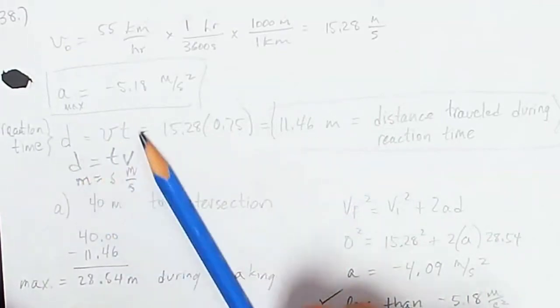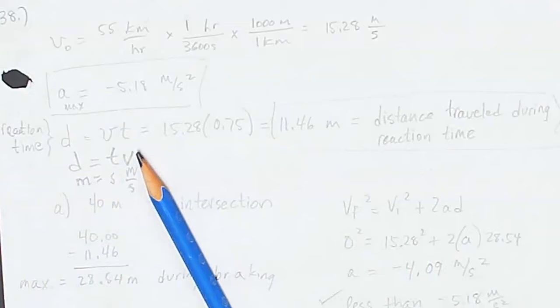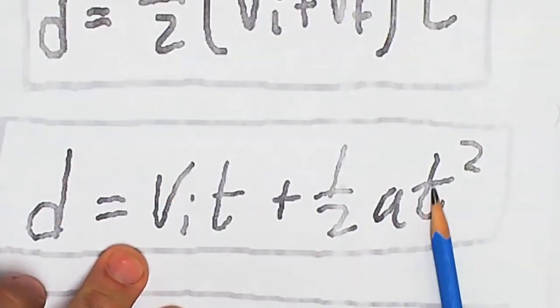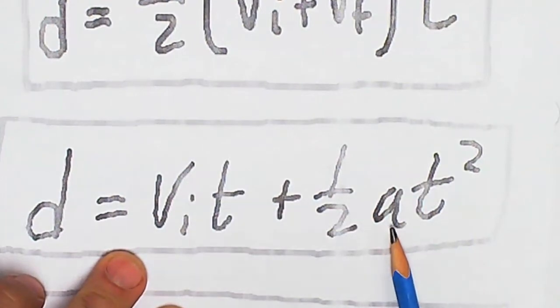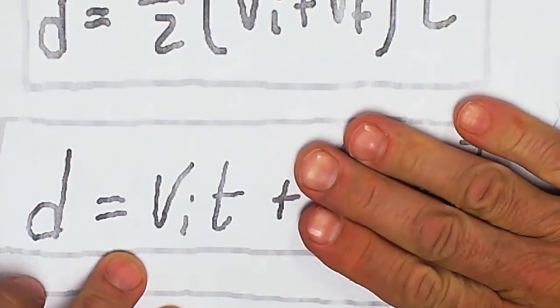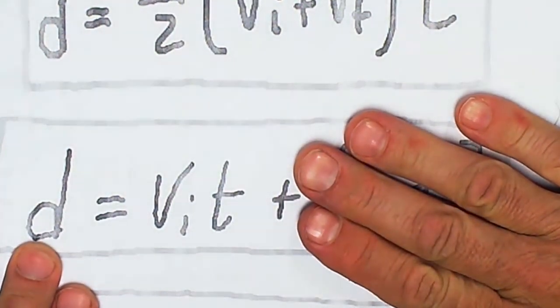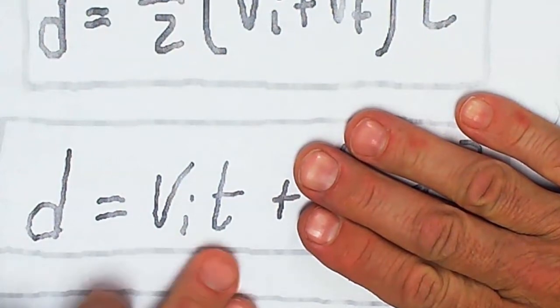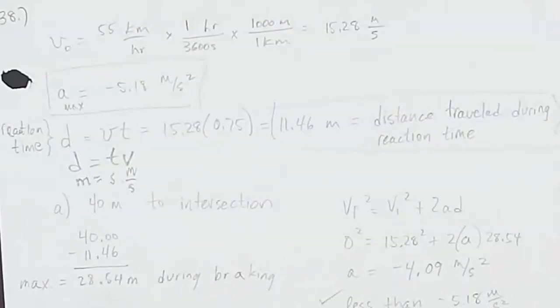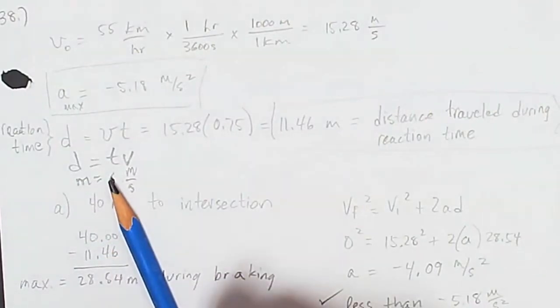Now where did this equation come from? Well, if you look at your equations of motion, if I'm moving at constant velocity, I know my acceleration is 0. So this term completely goes away, and I'm just left with distance is equal to velocity times time. So for things with constant velocity, I can use this much simplified equation.